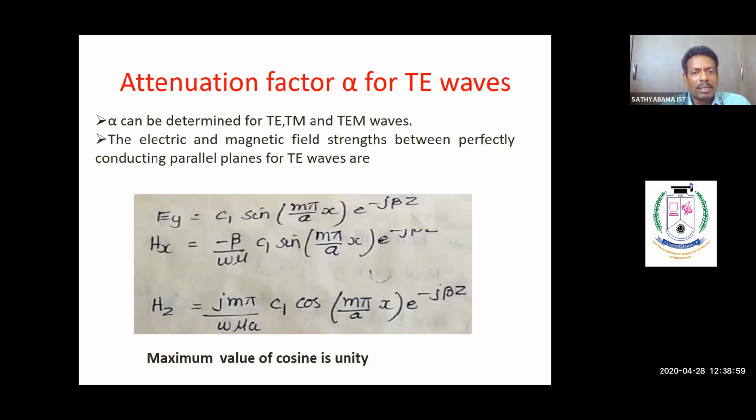Okay. So you look at the earlier slide I've shown, there will be 6 equations for the electric and magnetic field components, right? So if you apply the condition for TE waves, there is no component of electric field in the direction of propagation, and there exists electric field in the transverse direction only.